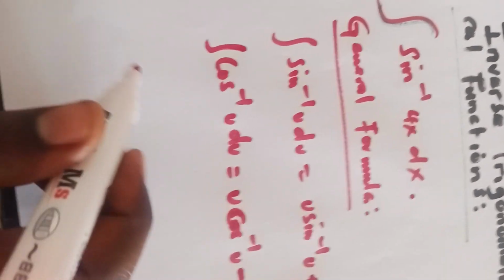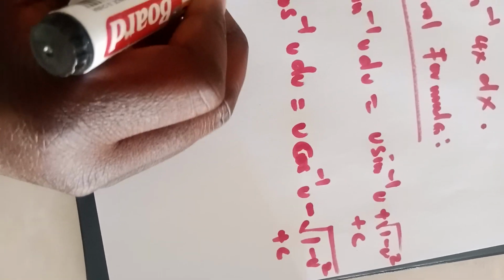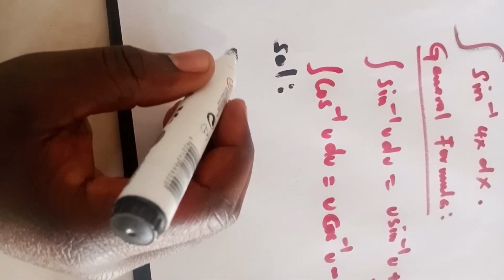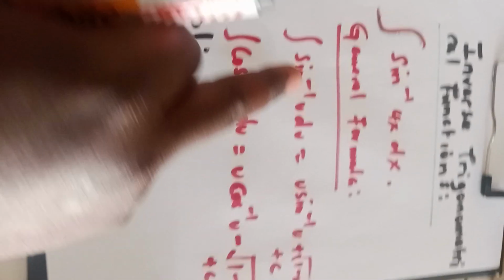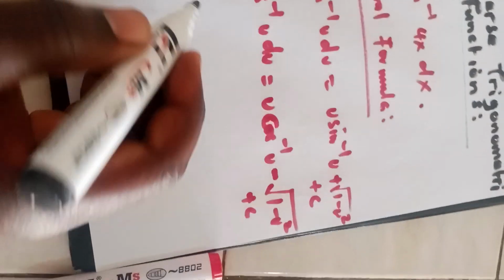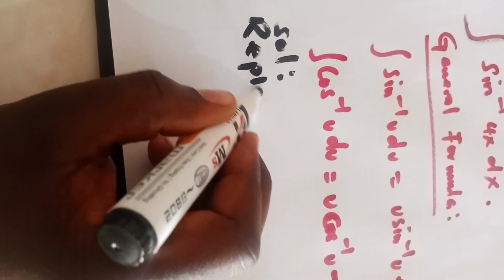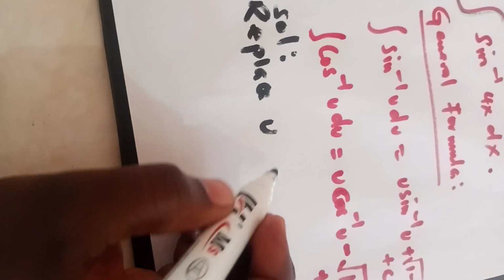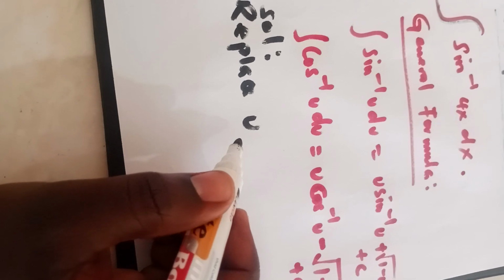Coming back to this question, the solution to this problem is going to follow this formula. Just substituting, we replace u, the variable in this question, which is 4x.